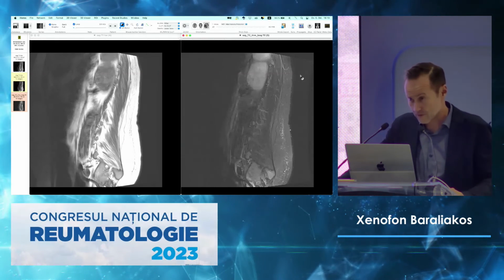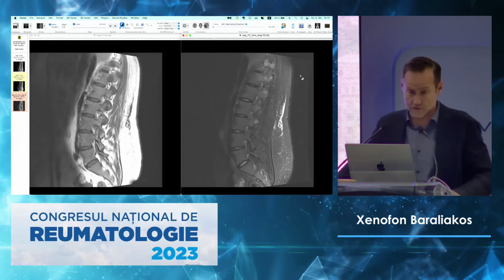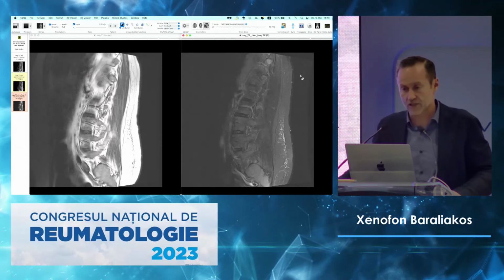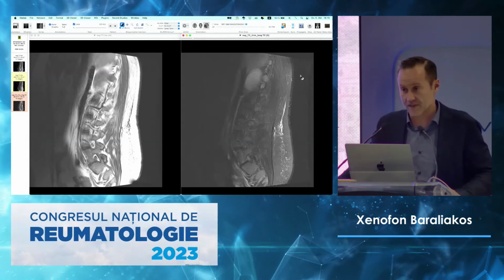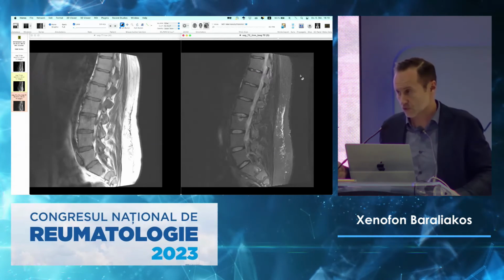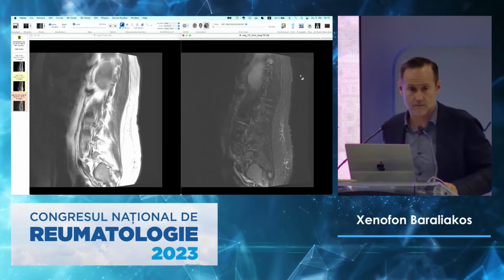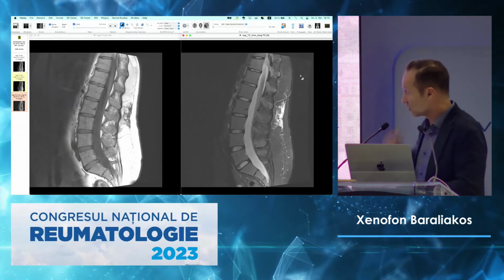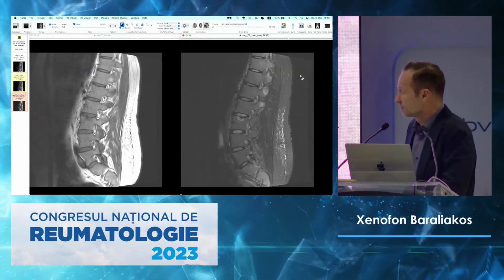Does she have a worsening of her spondyloarthritis, or does she have degenerative changes, or does she have something else? She was on NSAIDs, and the question is, do you put her now on a biologic? Just let it go through once or twice more.